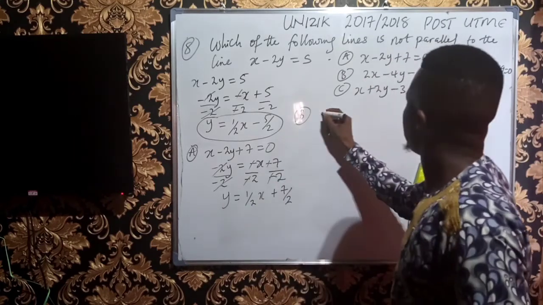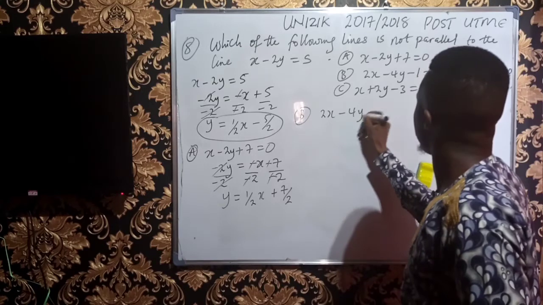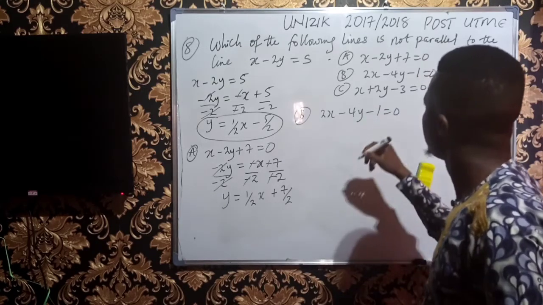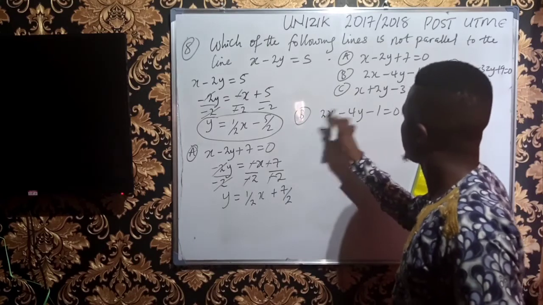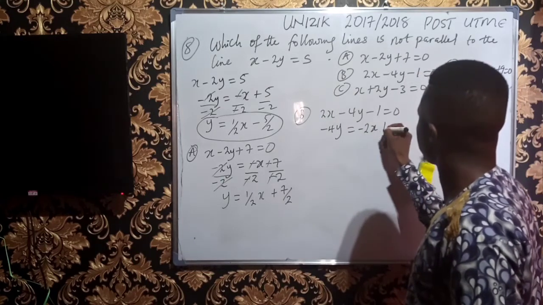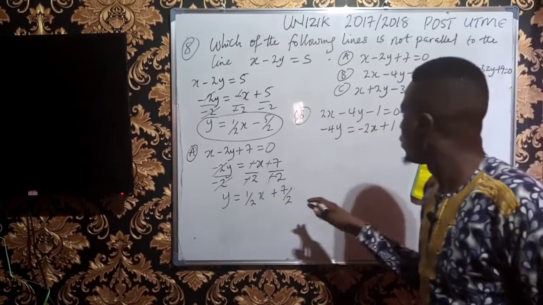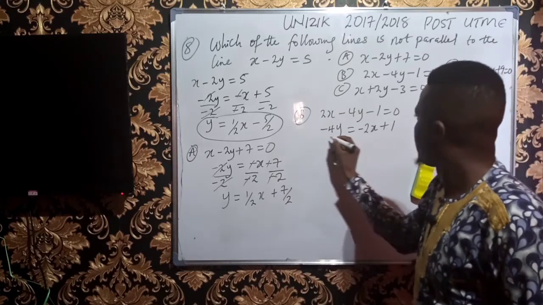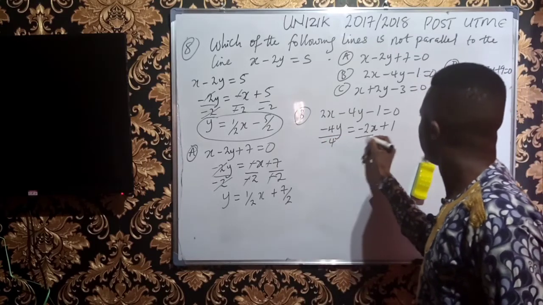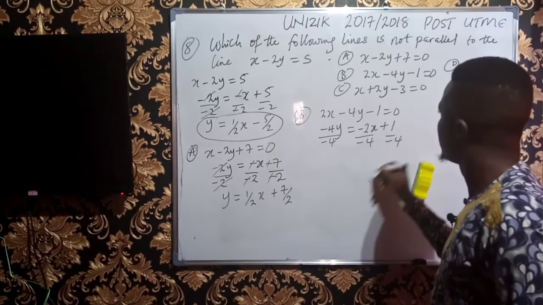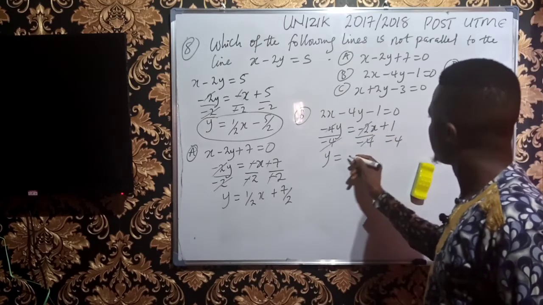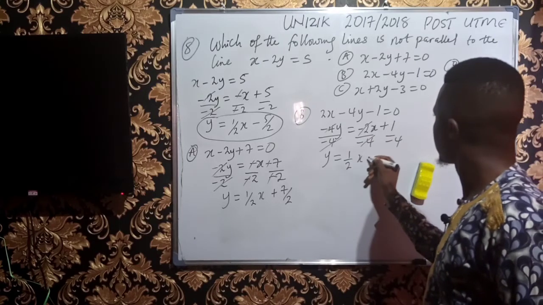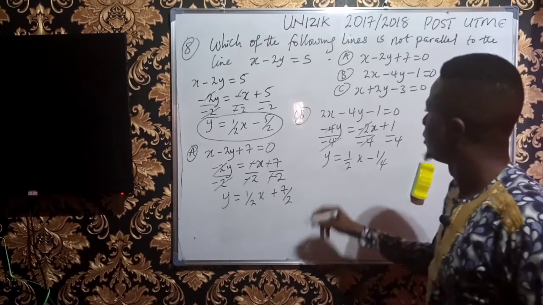Option B, we have 2x minus 4y minus 1 equals 0. So I have minus 4y equals minus 2x plus 1, making y the subject of the formula. So I'll divide by minus 4. This cancels out, so y is 1 over 2x minus 1 over 4.